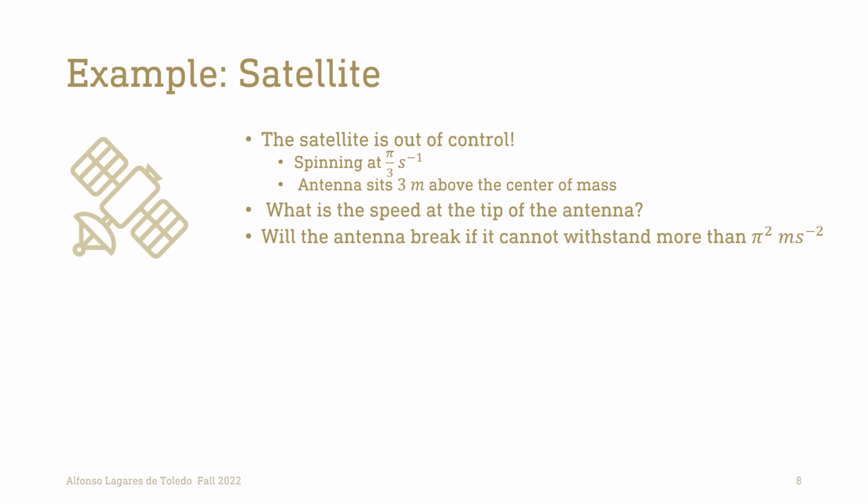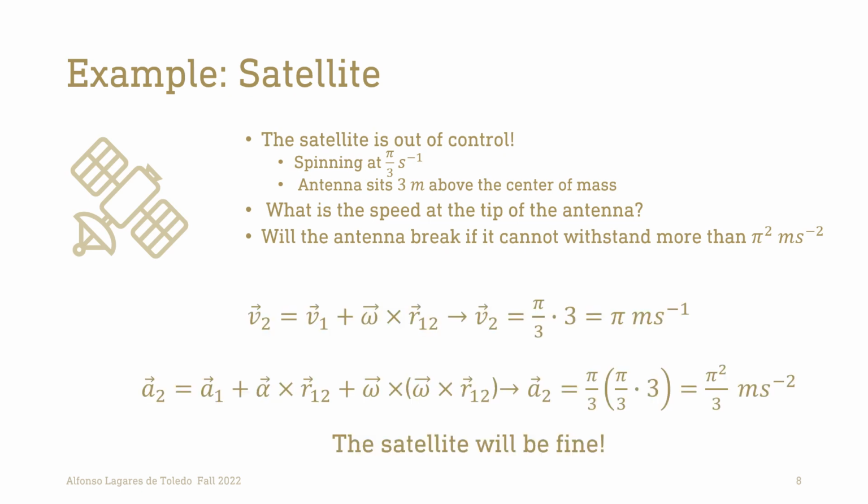Well, using the equations we've discussed before, we can very quickly calculate the velocity at the tip of the antenna. As we're considering the velocity in relation with the center of mass of the satellite, the velocity at the origin, v1, would be 0. And so we're only left with the angular velocity and the displacement vector, which would come out to be pi meters per second.